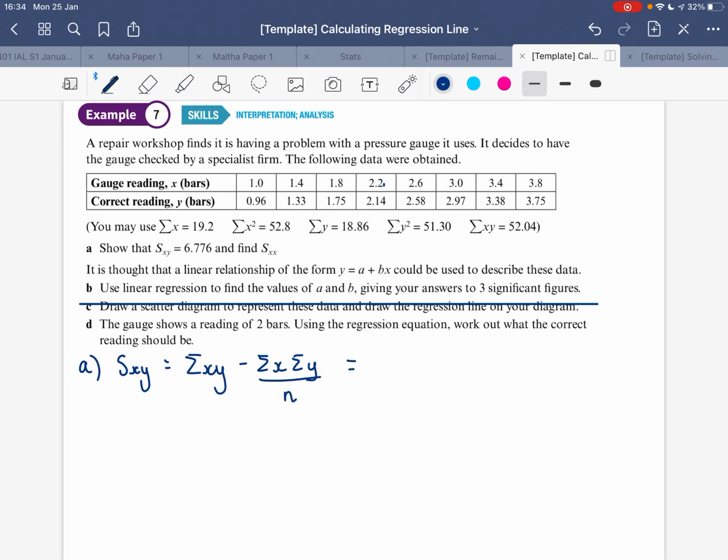Sum of xy is 52.04 minus 19.2 times 18.86 divided by, what did I say, 7? No, 1, 2, 3, 4, 5, 6, 7, 8. I counted 7 the first time, didn't I? Counted wrong. Which again sums up the kind of day that I have had.